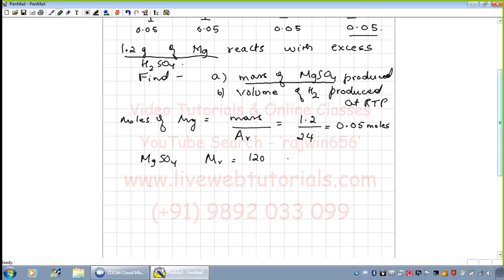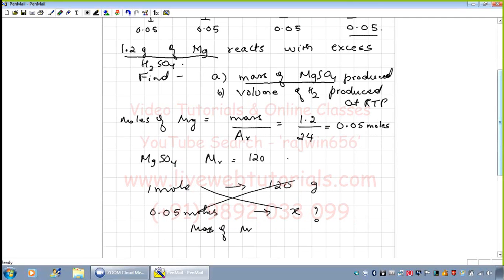So 1 mole, its mass is 120 grams. 0.05 moles is produced. Its mass will be how much? Simply it will get cross multiplied. So the mass of MgSO4 will become 6 grams. Correct. 120 multiplied by 0.05.